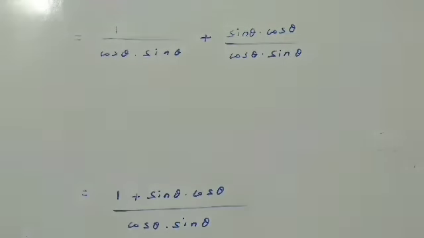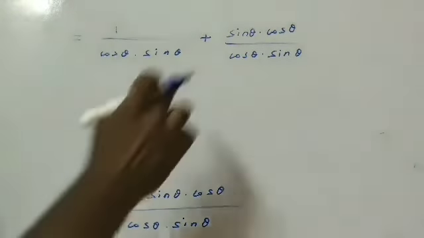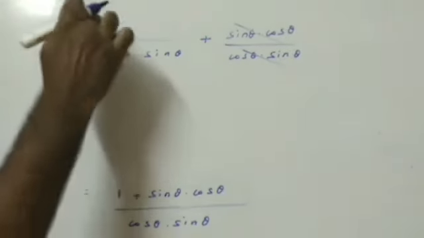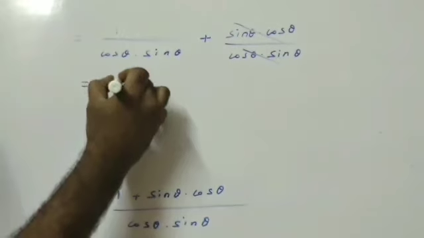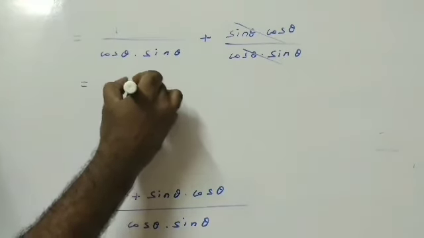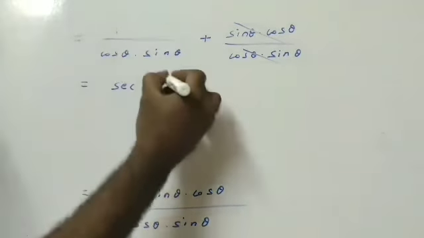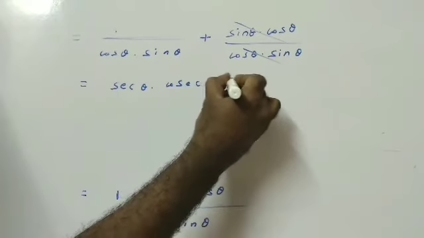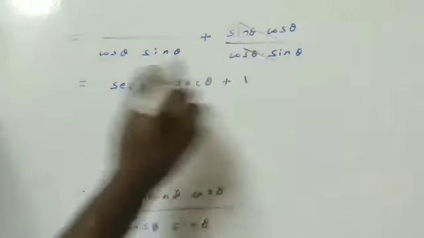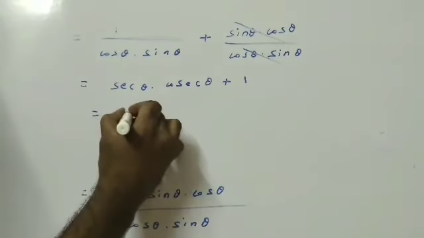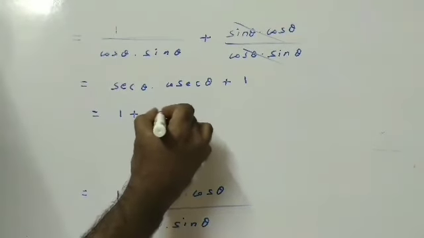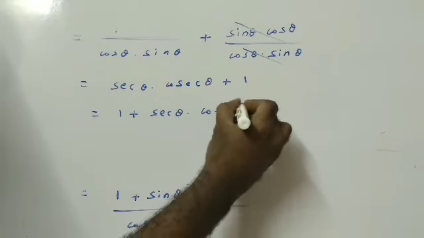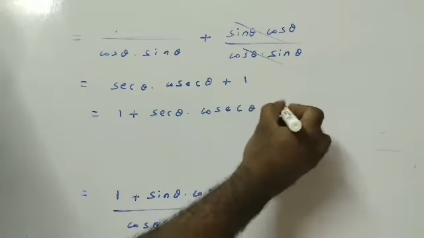Sin theta into cos theta divided by cos theta into sin theta, both are similar terms, so we can cancel. 1 by cos theta is secant theta. 1 by sin theta is cosecant theta. Plus here 1 is there. So we can write 1 plus secant theta into cosecant theta. This is the answer.